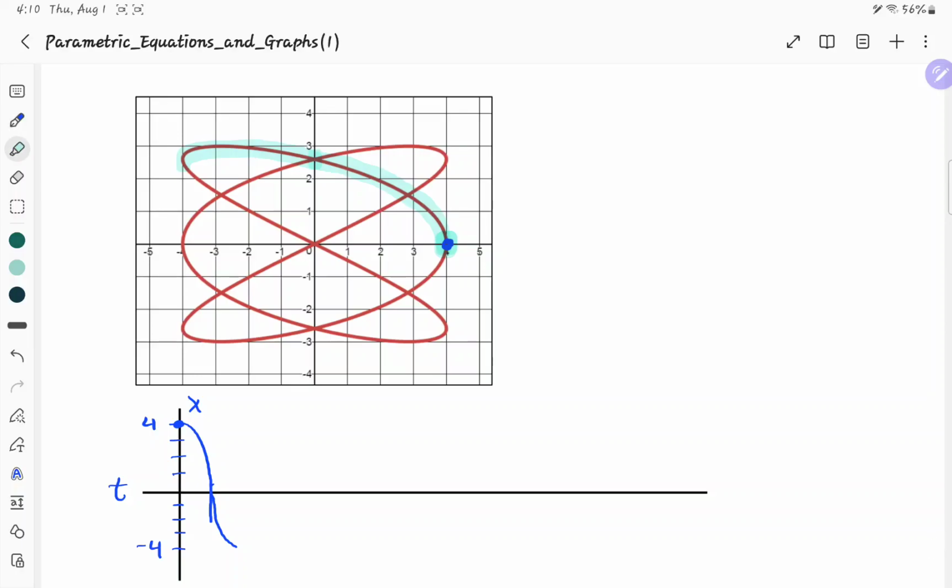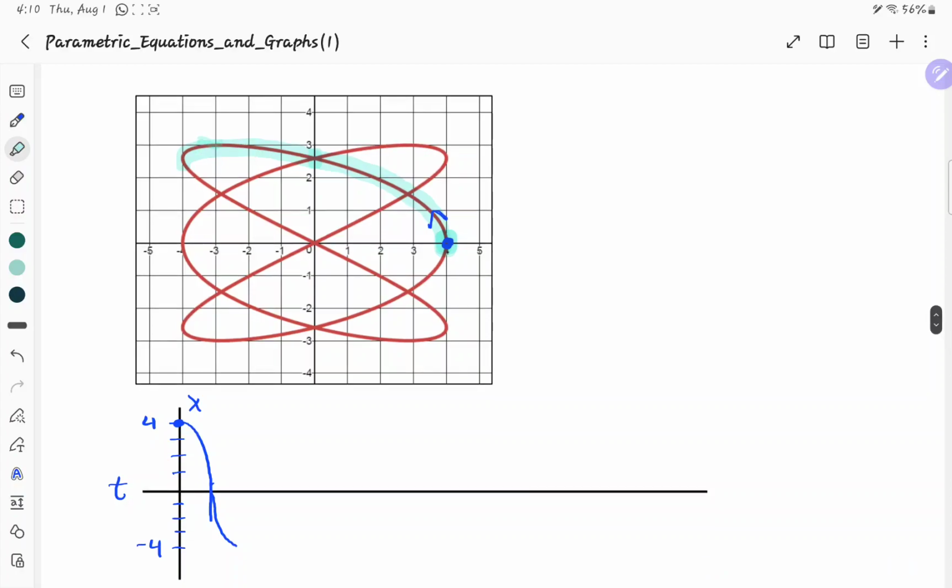Keep going around your curve, and I'm going to put in this arrow so I remember. You don't want to highlight your whole graph and then forget what is going on with it. So we'll keep going with the highlighter.